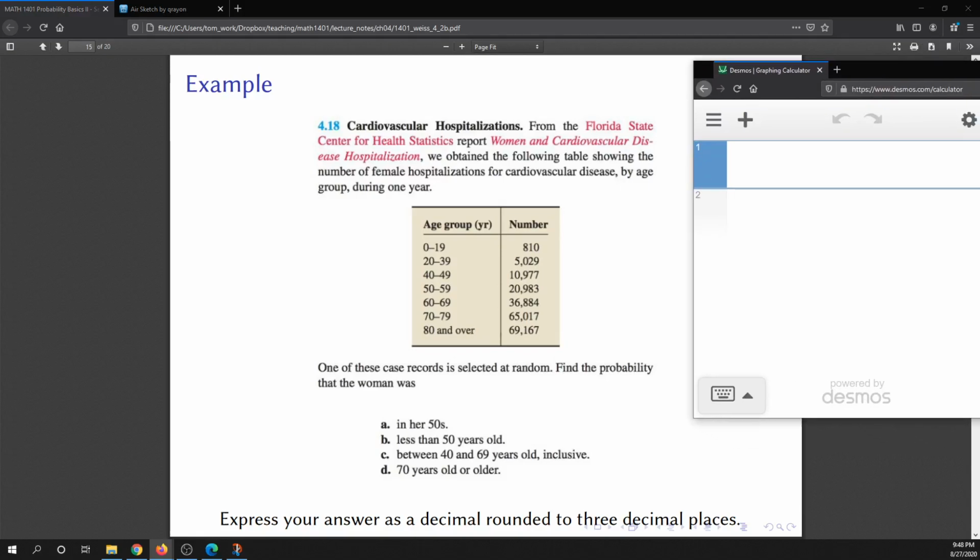All right, so it's 810 plus 5029 plus 10977 plus 2983 plus 36884 plus 65017 plus 69167.